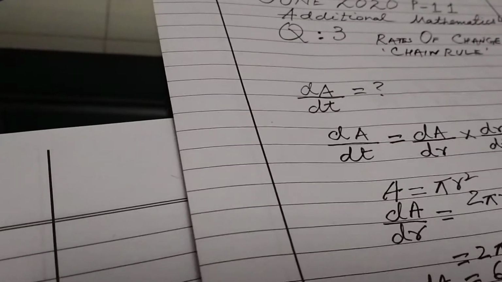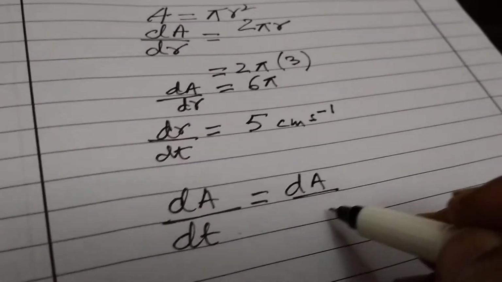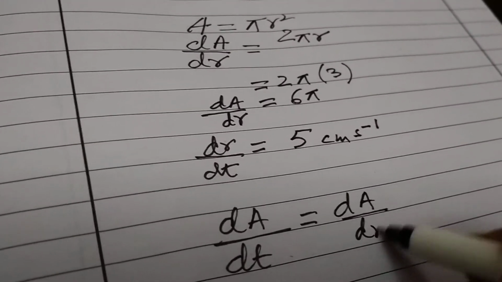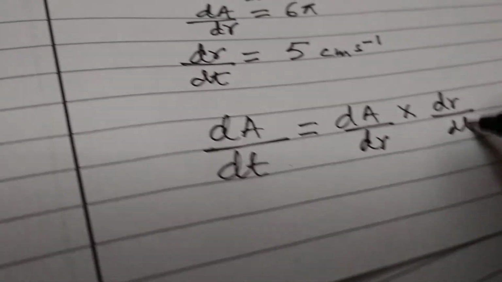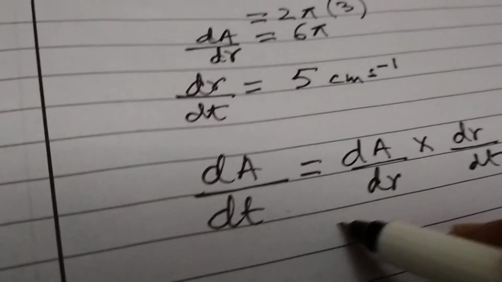So we have to write down the chain rule again. dA upon dr, which we have written before as well, multiplied by dr upon dt. Just have to replace the values over here.